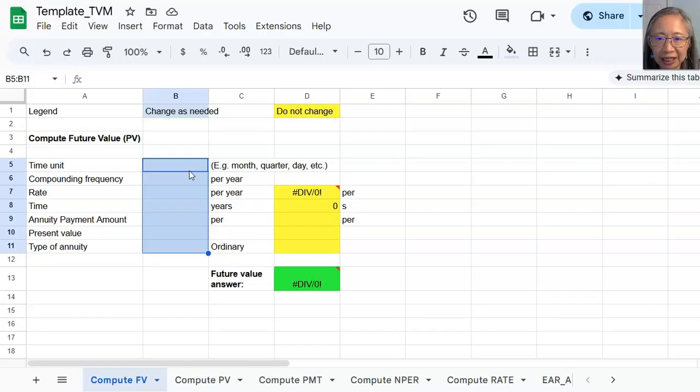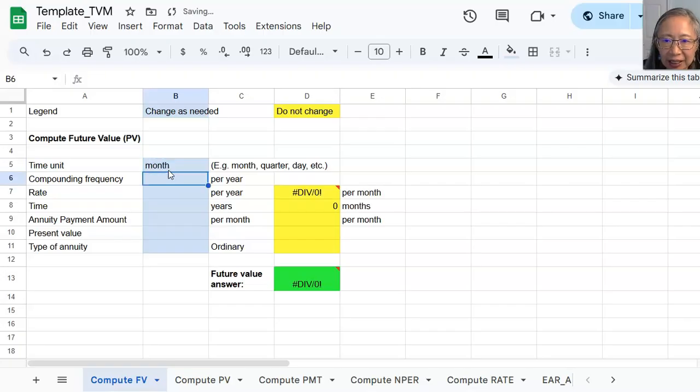So when you enter this into the template, the time unit will be month. And since it's month, that means it's 12 times per year. The interest rate was 9% per year. Notice that the template automatically converted it into 0.75% per month. It's 35 years, and the template converted it into 420 months.